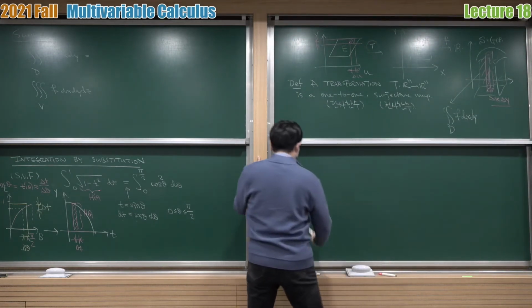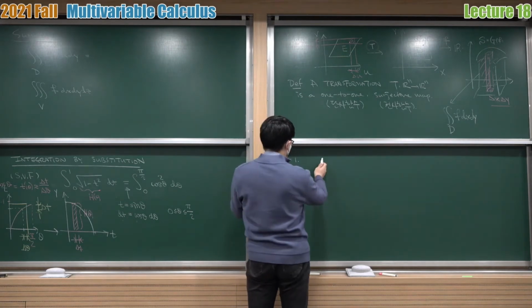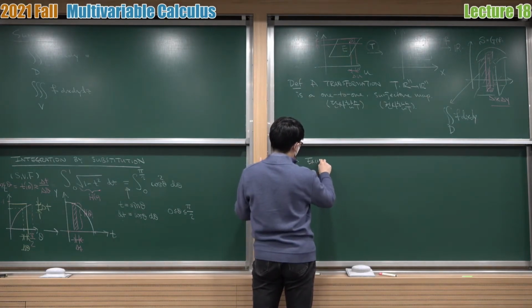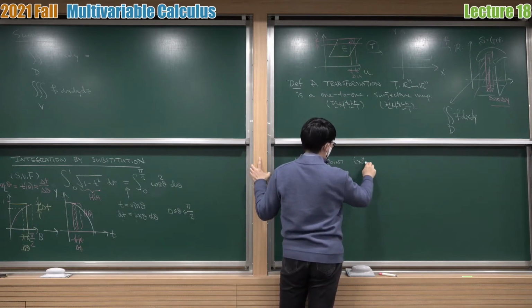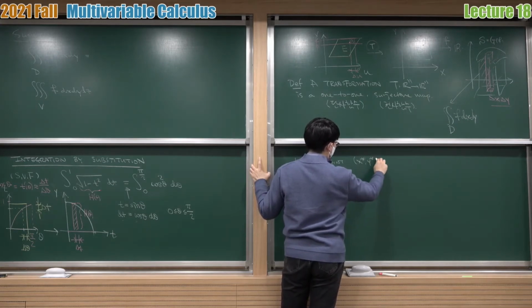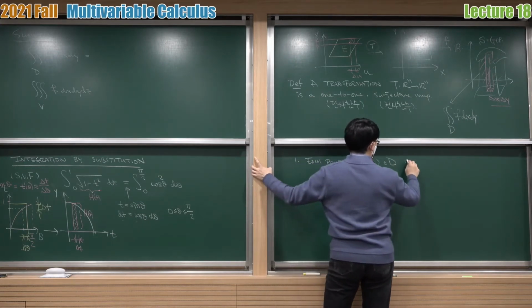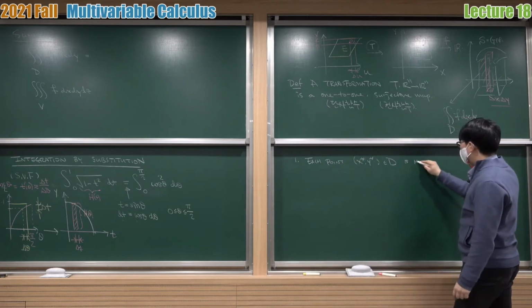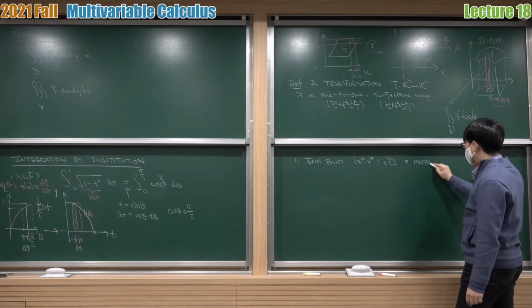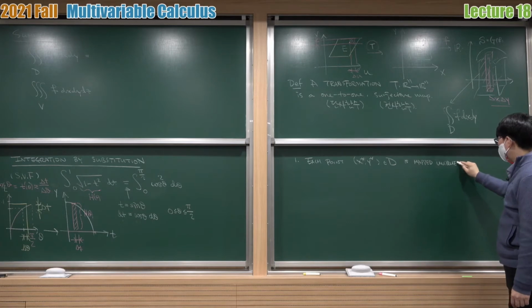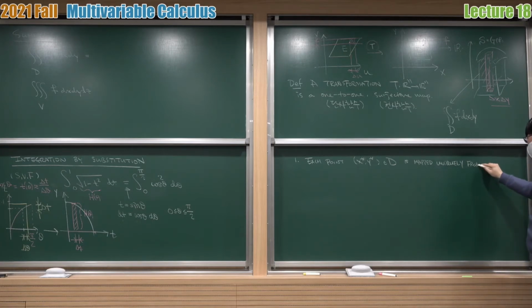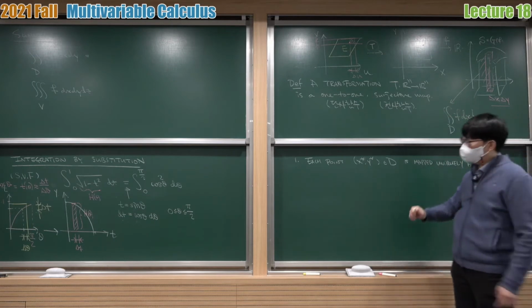So first of all, each point x star and y star in the domain D is mapped uniquely from E by T, since T is a bijective map from E to D. Okay?